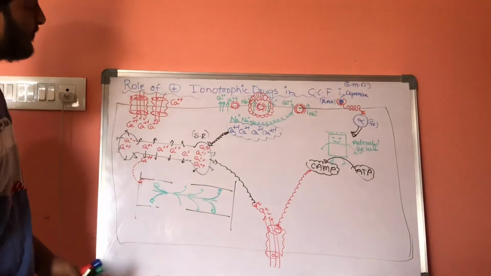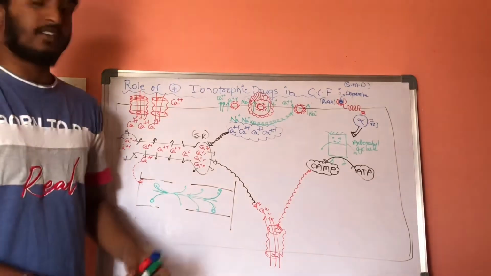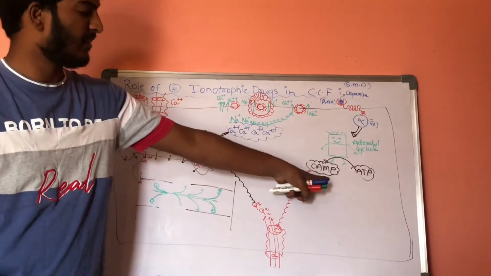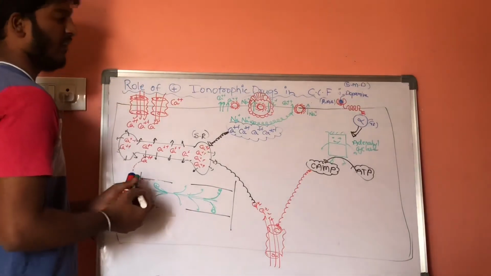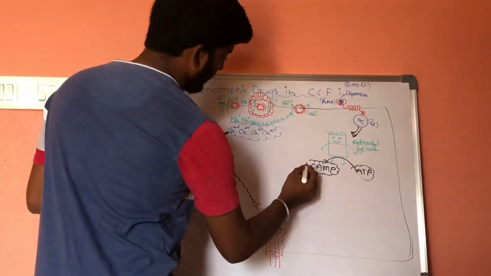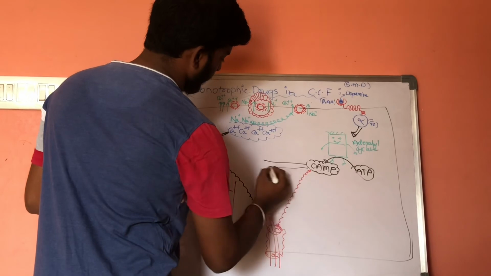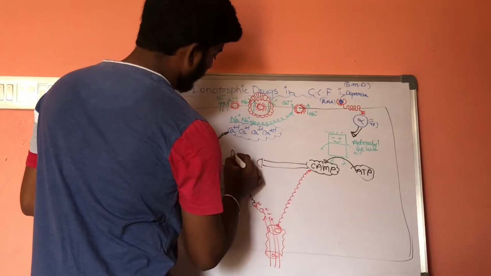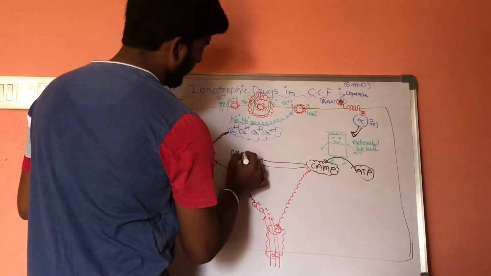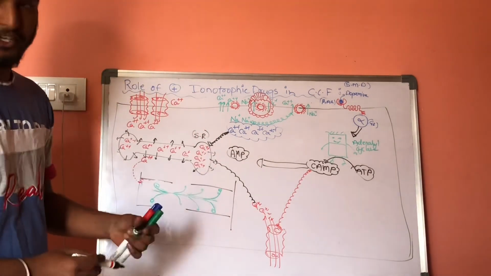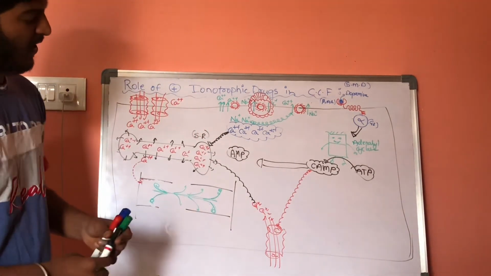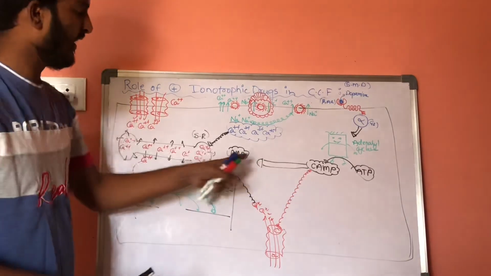And we have discussed that there is an accumulation of cyclic AMP. Now this cyclic AMP will convert into AMP. What is the enzyme which converts cyclic AMP into AMP?